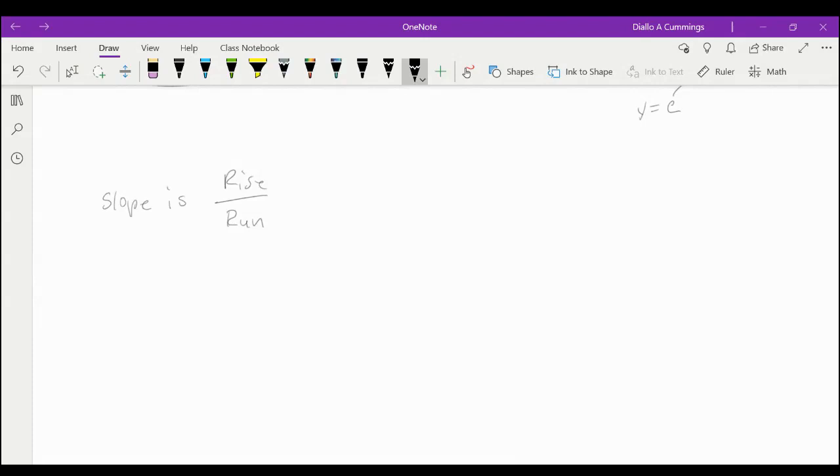If you're looking at a graph, you can physically count the slope, which is what we're going to do. And there's also a mathematical formula: the slope is y sub 2 minus y sub 1 divided by x sub 2 minus x sub 1. First we're going to take a look at rise over run, and then we're going to take a look at the formula part of things.